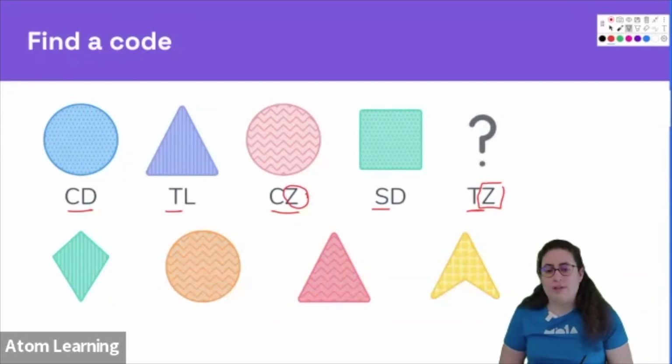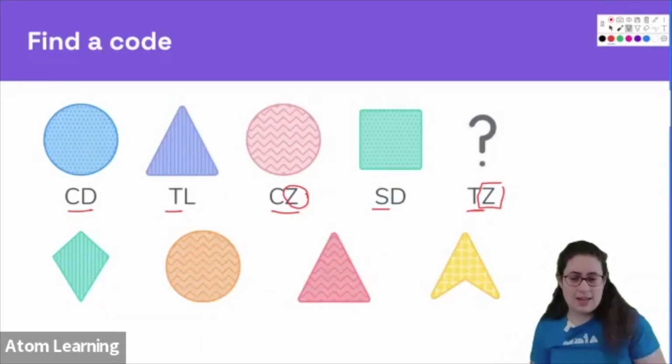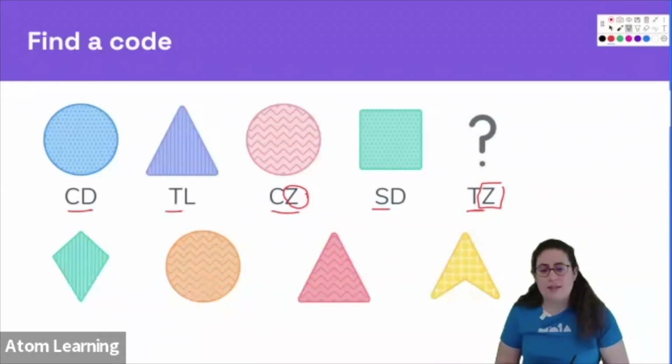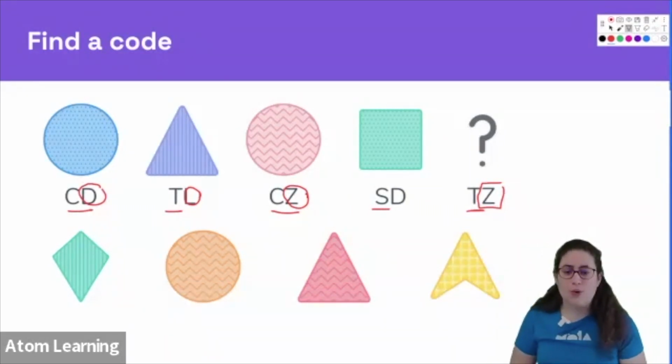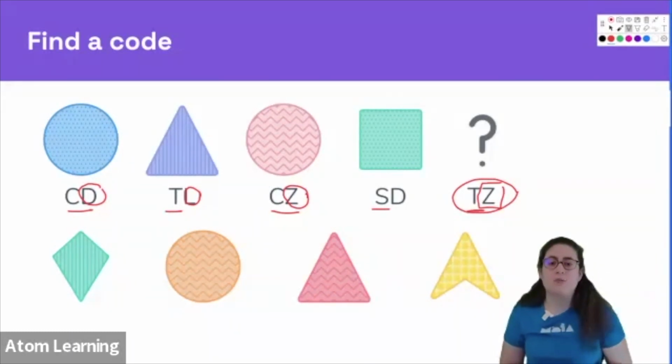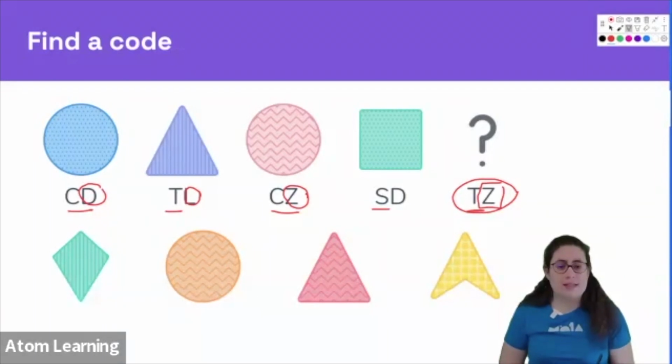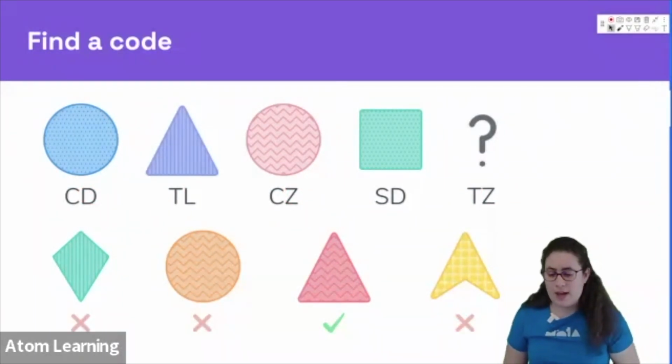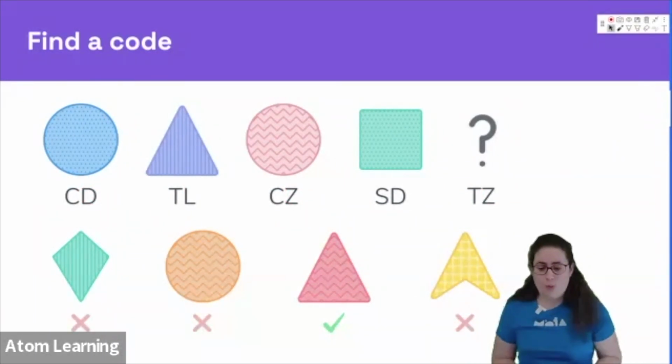And what do we have here? A circle with zigzags in it. And then you might notice that the triangle with lines has an L and the circle with dots has a D. So we can pretty much bet that this code at the end over here, TZ, is going to be a triangle with zigzags, and therefore it's going to be that third image there with the little check mark.